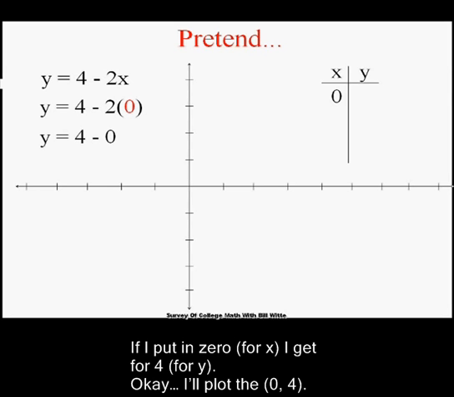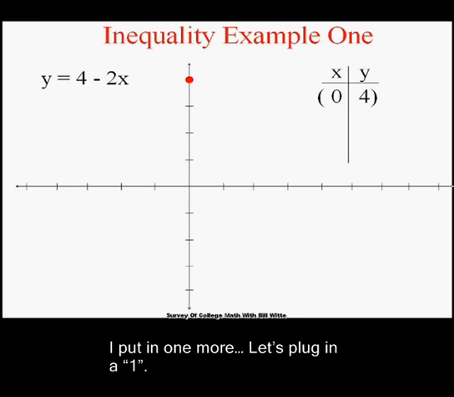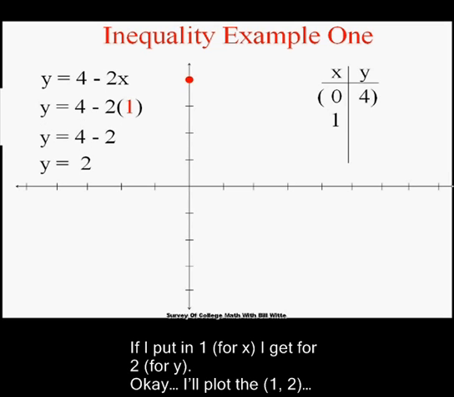And let's see, 4 minus 2 times 0. 4 minus 0, I get 4. And I plot the point 0, 4. I put in one more. Let's put in 1 for x now. And apparently y would equal 2 in this case. 4 minus 2. And I'll plot that point over 1 and up 2.